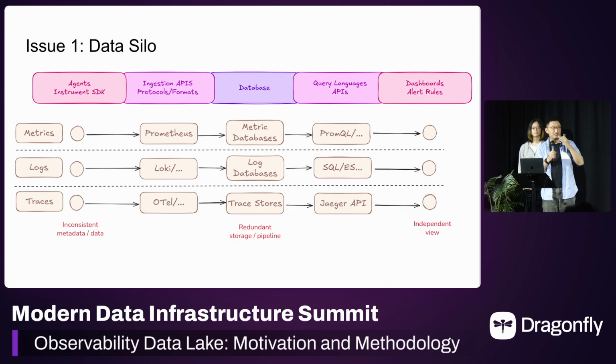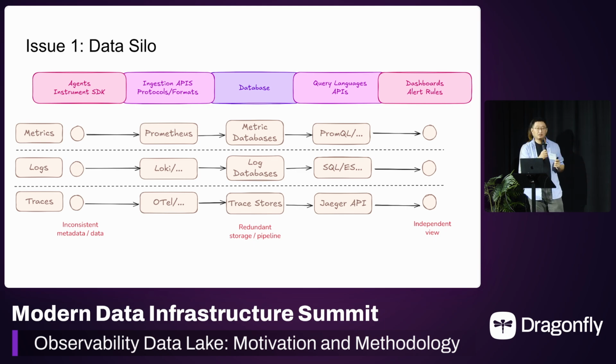So today we are talking about observability in the big data area. From a big data perspective, this is obviously a problem. You can say that the data is divided into 3 independent data silos. All the data is created, transported, stored, and queried independently. This is going to create some problems.